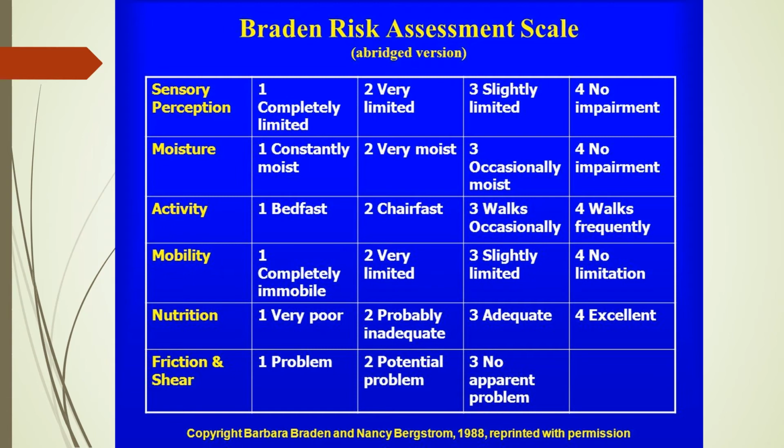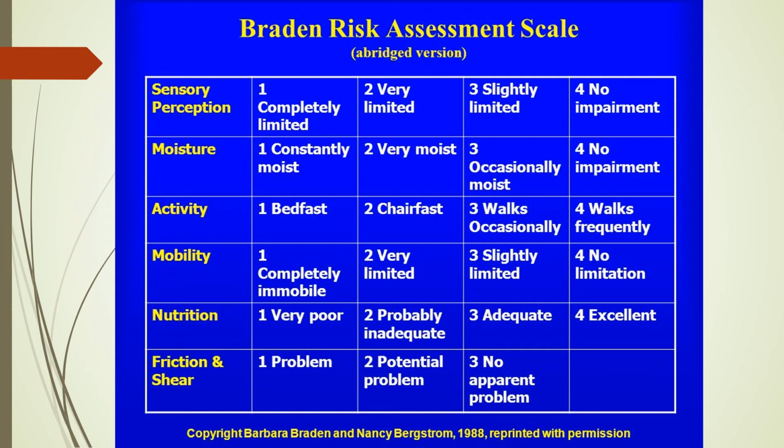Moisture, meaning are they incontinent? Are they diaphoretic? Do they have diarrhea and they're incontinent of bowel? Are they sweaty? So moisture. Activity, are they bedfast or do they walk? Are they able to sit up in a chair? Are they mobile? Any limitations or completely bedbound?